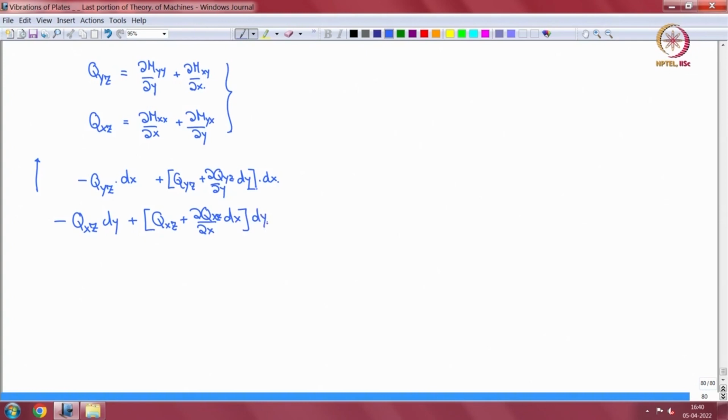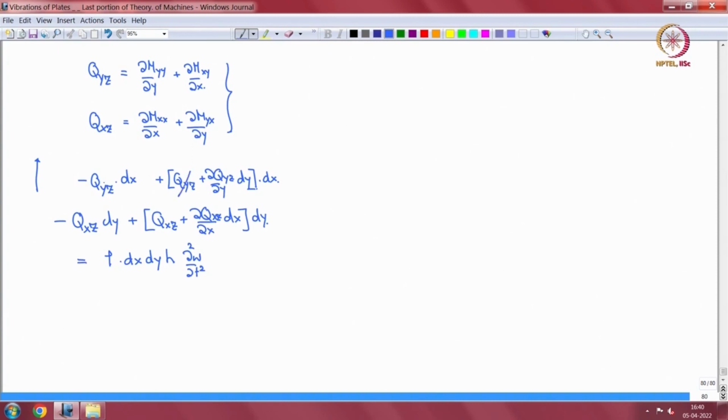So this is the sum of all the forces in the vertical direction. Okay, so that is equal to, it's a full force, density into dx into dy into the thickness into del 2 w del t square, acceleration.